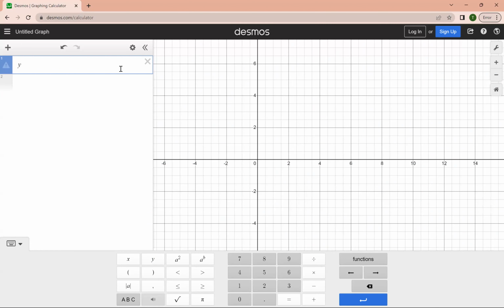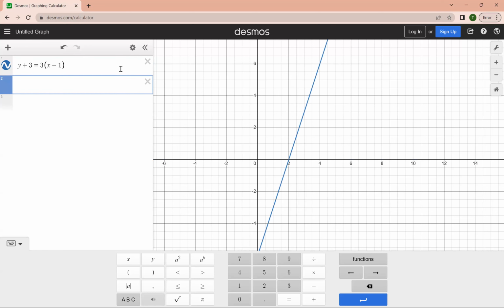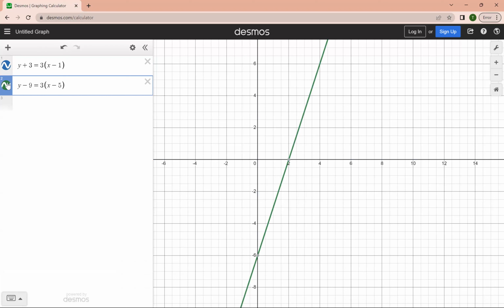All right, so y plus 3 equals 3 times x minus 1, and then y minus 9 equals 3 times x minus 5. You can see that they are the same line there. Not a proof, just showing you that they are the same. Let me go back to the other screen.